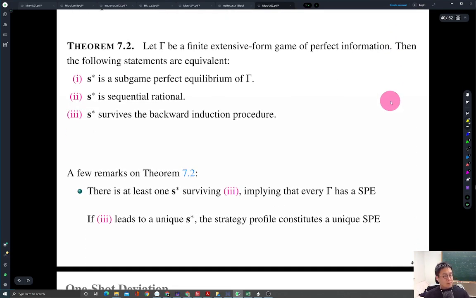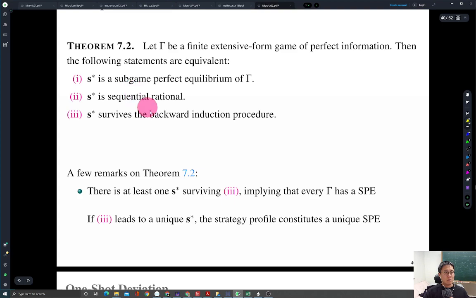All right, and let me finish with this equivalence theorem. That is the main theorem in this part, and that is also a summary of our discussion. We started with sequential rational behavior. The basic idea of sequential rationality is how to eliminate play based on empty threats.